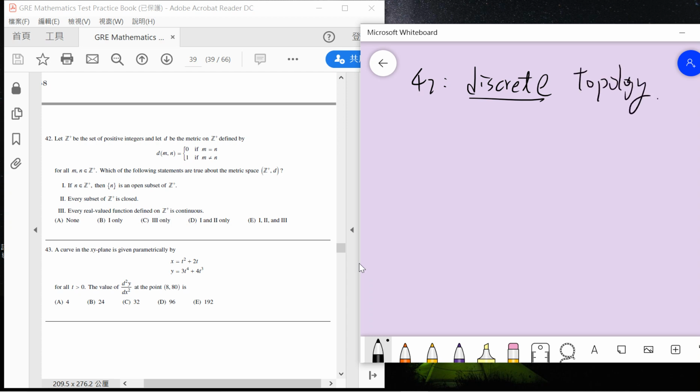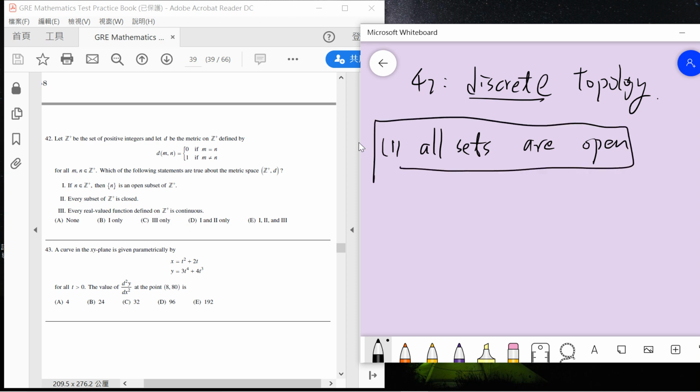Basically, Z plus is the set of positive integers, and you define a metric: if two points are the same, the distance is 0. If two points are different, then it's 1. He asks about the results. Basically, the common sense in discrete topology is that all sets are open. Once you know this, you can answer all of them.